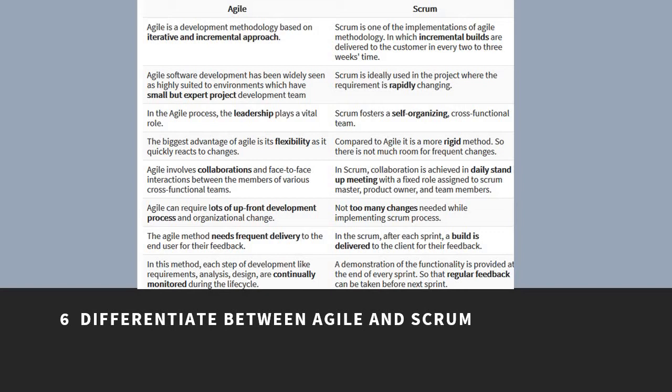In Agile, each step of development like requirements, analysis, design are continually monitored during the life cycle, while in Scrum, a demonstration of the functionality is provided at the end of every sprint so that regular feedback can be taken before the next sprint.